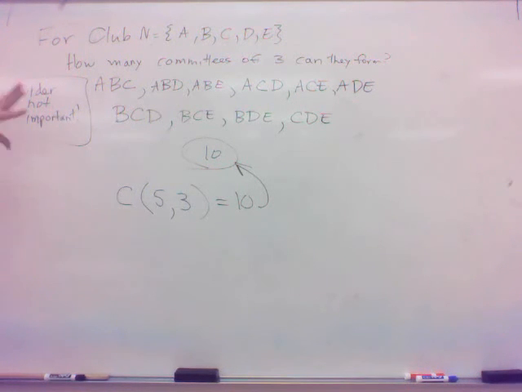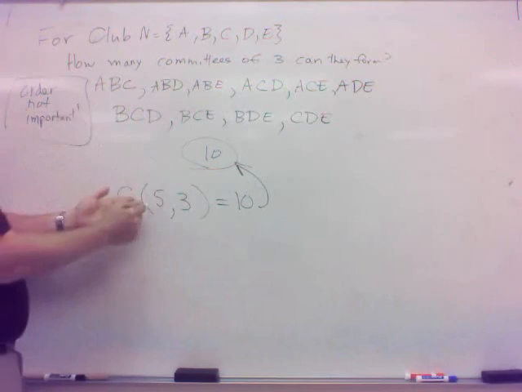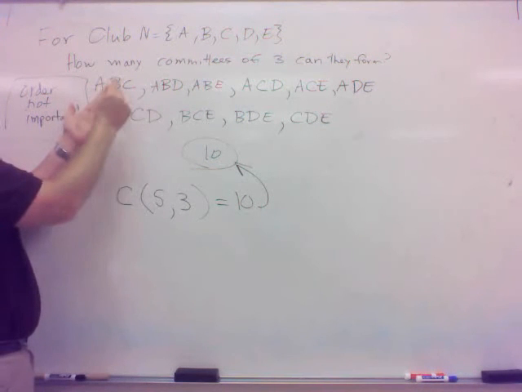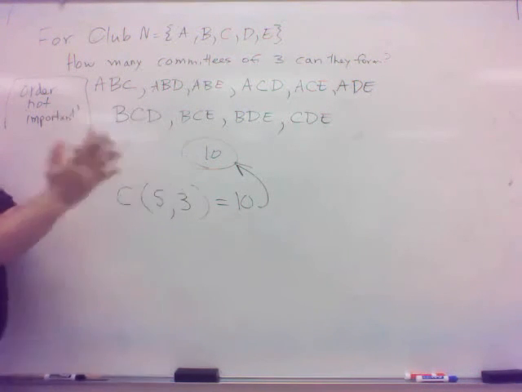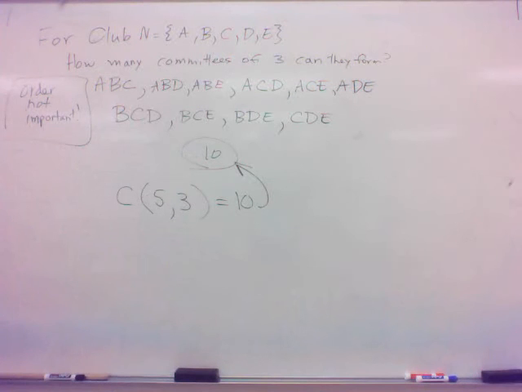What a combination does is it doesn't count those just rearranging. Like a combination doesn't count Andy, Kathy, Bill. It just doesn't do it. That's what a combination's job is. It doesn't count those repetitions, because if I counted those repetitions, that would be a permutation. The rearranging, I'm sorry. That would be a permutation. So that's how a combination differs from the things we've been talking about. The order is not important on combinations.